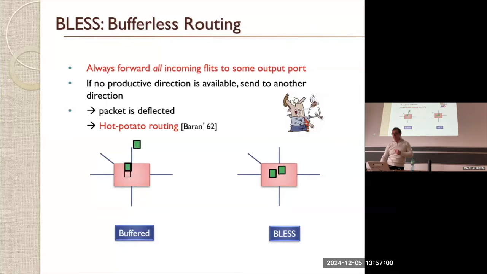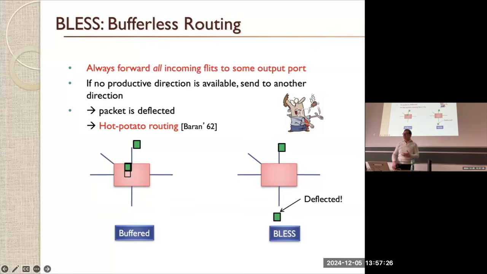Both of them need to go over here, but one of them gets deflected. It doesn't always get deflected. For example, both of these packets may come closer to their destination if one goes here and the other goes here, if the destination is over here. Does that make sense? That's what productive direction not available means.